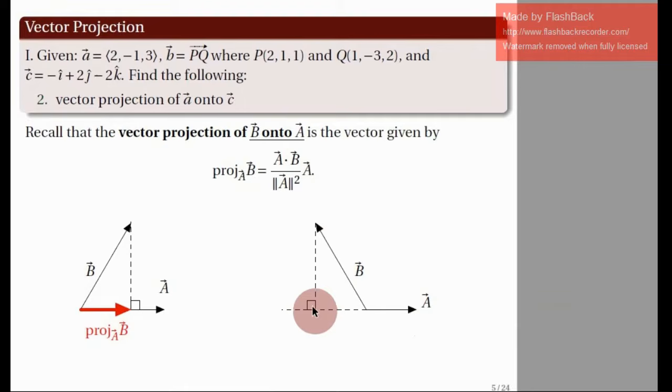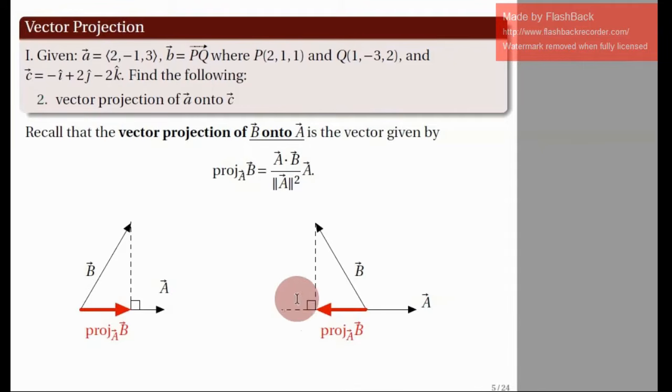Terminal point would be that particular point onto which the tip of vector B fell onto the line containing vector A. And in this case, that's precisely this vector. And here we see that the vector projection is still parallel to vector A, but now is facing in the opposite direction as vector A.